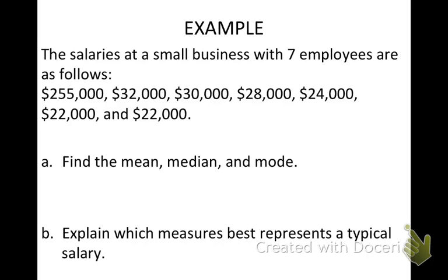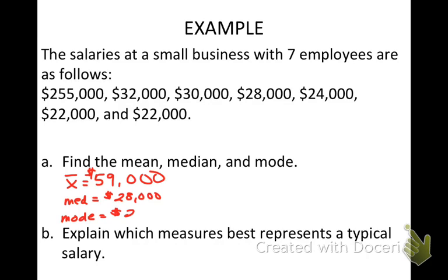You don't have to rearrange to find the median. What'd you guys get for the mean? 59,000. Yeah, that's what I got too. Numbers are already lined up for us, so what's the median? 28? Yeah. And then the mode?